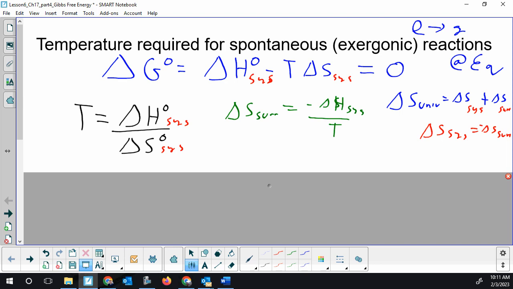This is just true at equilibrium, that the system and the surroundings are equal but opposite to each other, and that's how you get to 0. So that's how these two connect. The change in entropy of the system has the opposite sign as the surroundings, so it's going to introduce another negative, which is going to cancel out that negative.